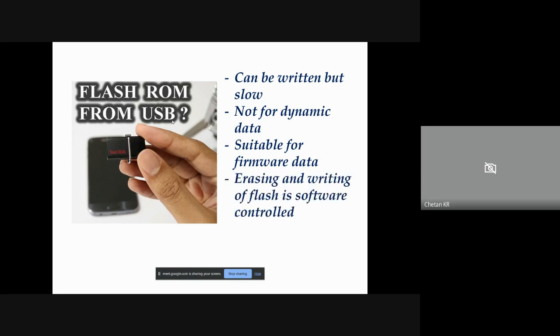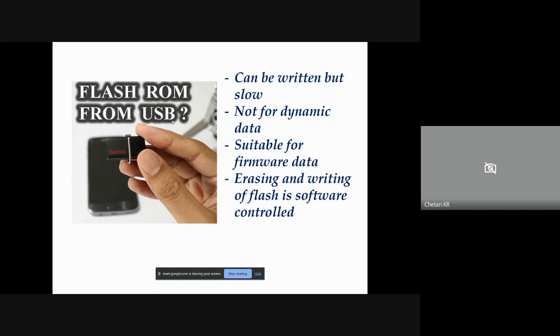Erasing and writing of flash is software controlled. How to do this flashing? There is a software for that. Flash Magic is one software, and there are others. So it is software controlled. Reloading the complete ROM is software controlled. There is no hardware for that.